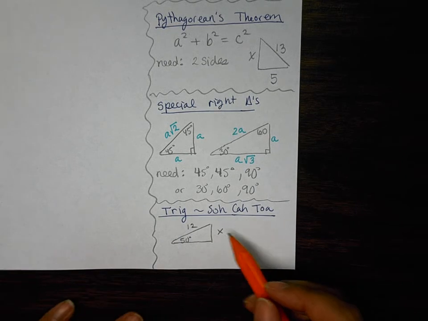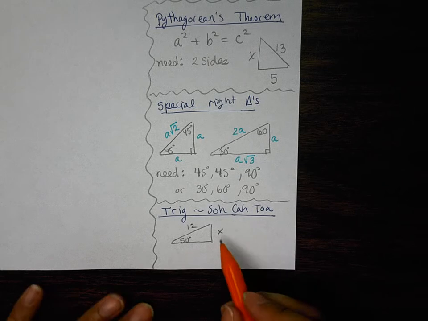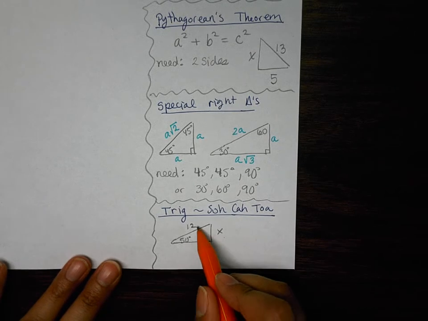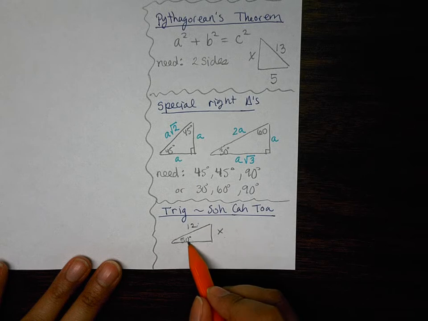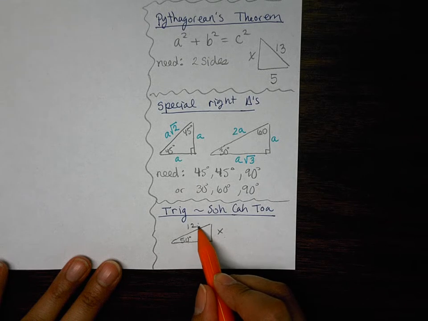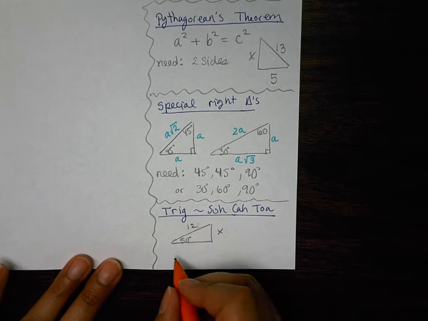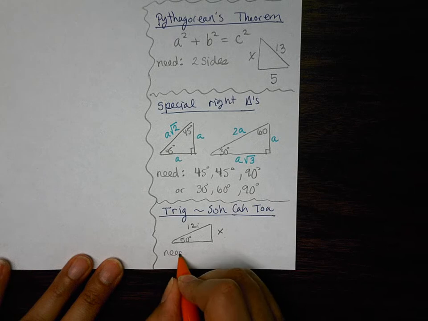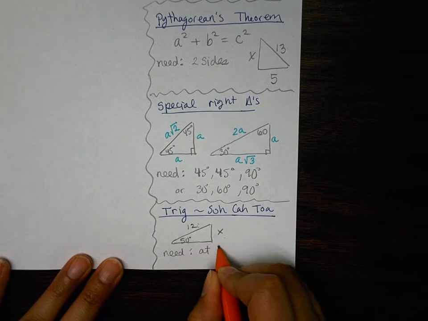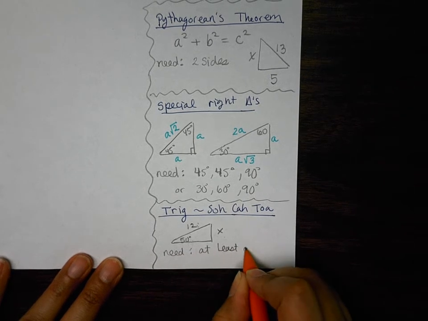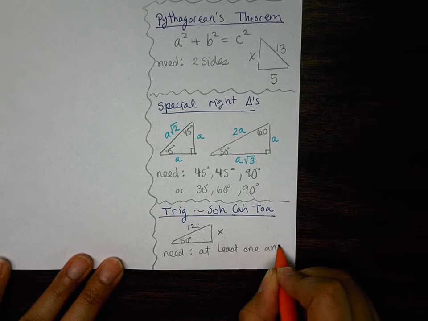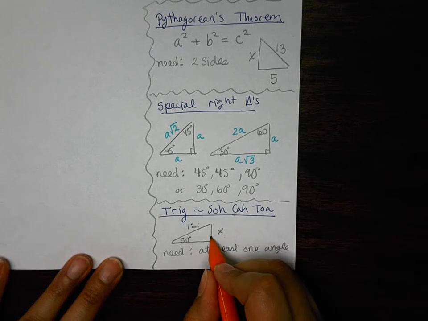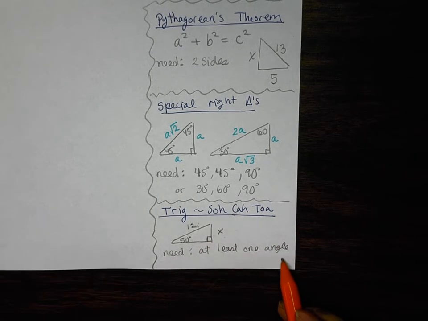Yes. In order to use SOHCAHTOA to find a missing side, Seth, get your head up off the desk, please. In order to use SOHCAHTOA to find a missing side, what two things do you need to be given? One angle and one side. So you need at least one angle, because they will always give you the 90.